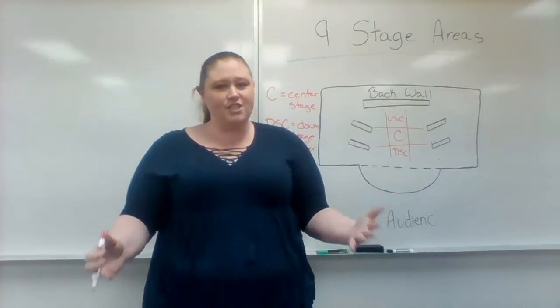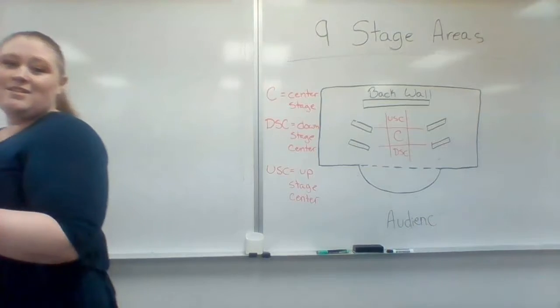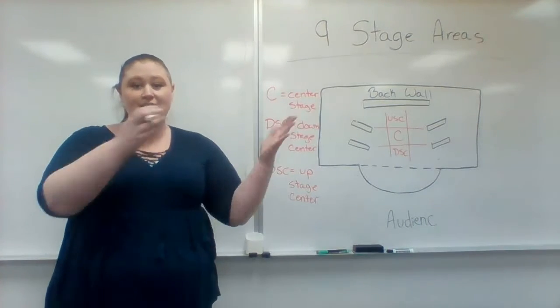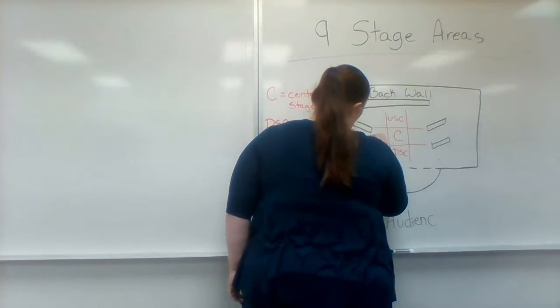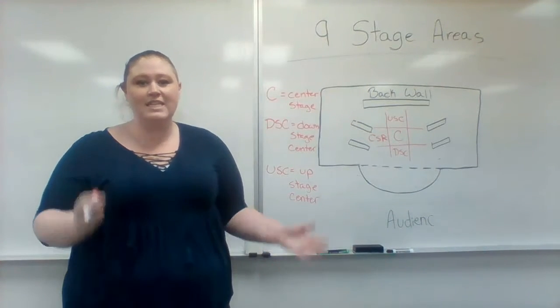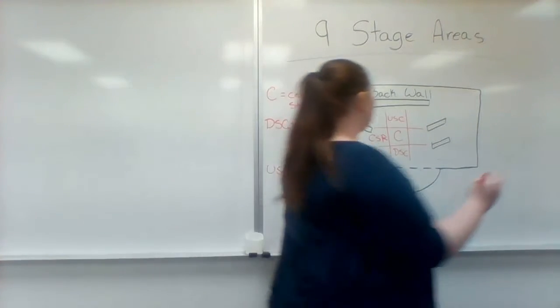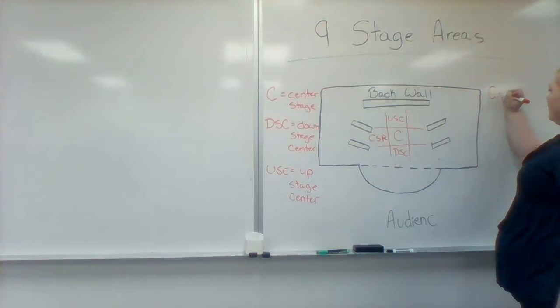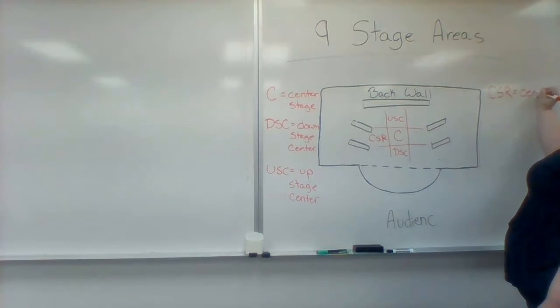If we're standing at center stage and we go directly to stage right, we are going center stage right. Sometimes we also just call this stage right, but CSR for center stage right. Center stage right.